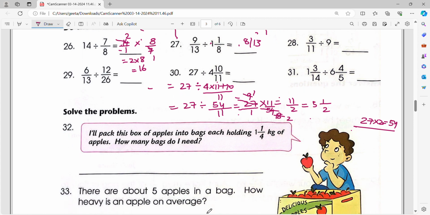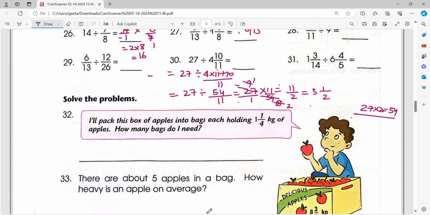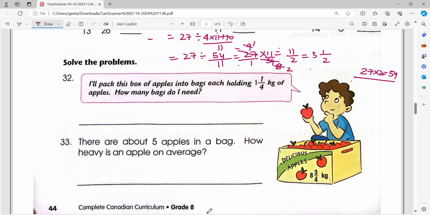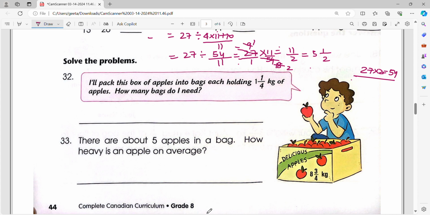Yes, I am. Should I move to the next question? Yes, please. Can you please read it? Solve the problem. I'll pack this box of apples into bags, each holding one whole 1 over 4 kg of apple.